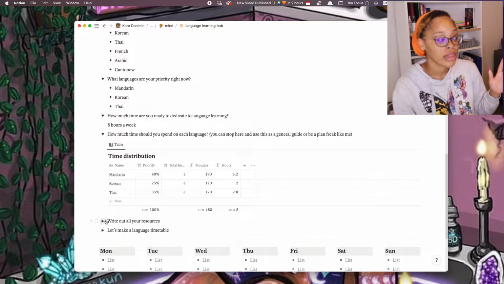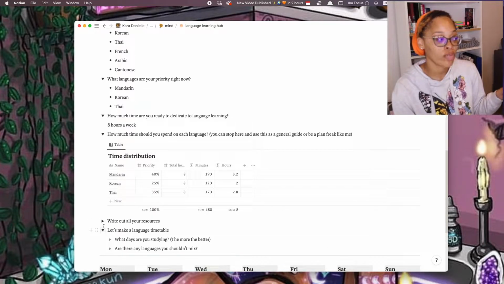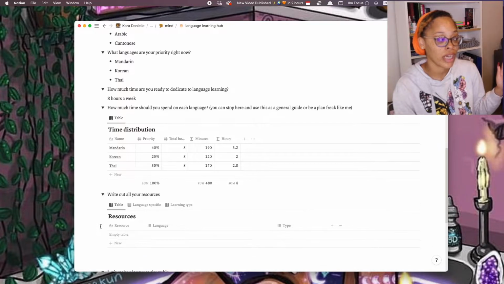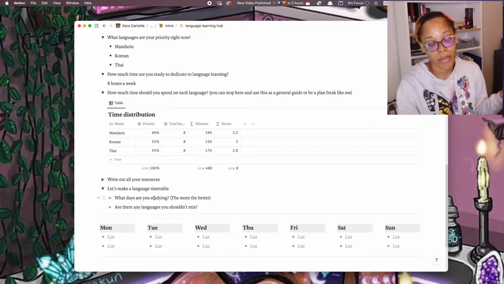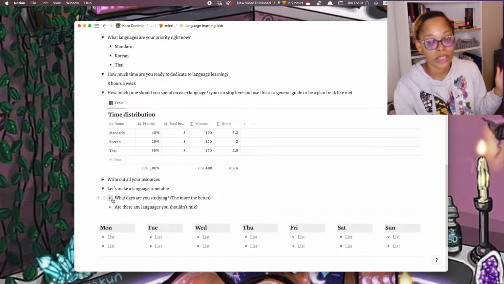So speaking and listening are very important for Mandarin, and actually really all 3, Thai and Korean, because for Thai I really do want to speak and listen.